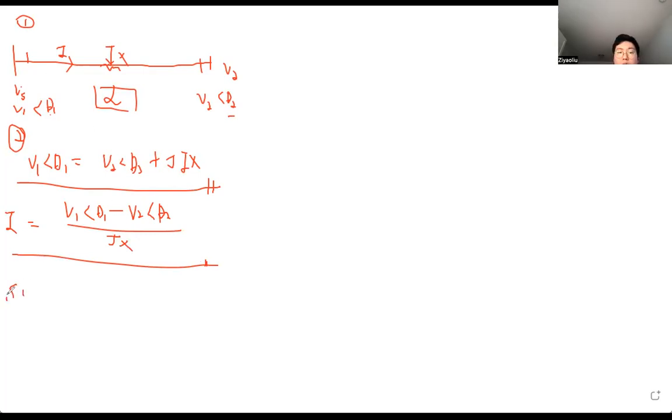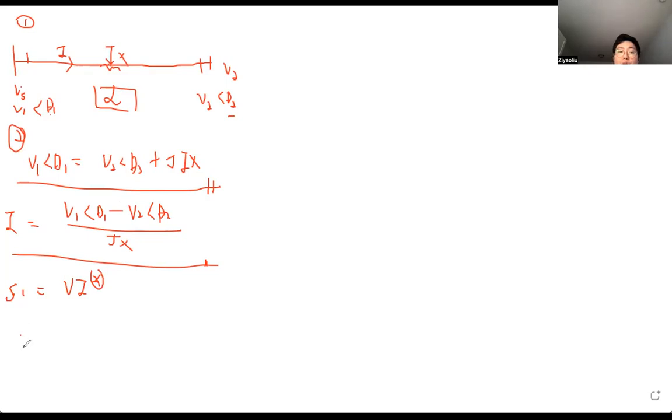S1 equals V1 times the conjugate of I. If we conjugate here, what happens? For the imaginary number we add a minus, and for the angles we need to add a minus.